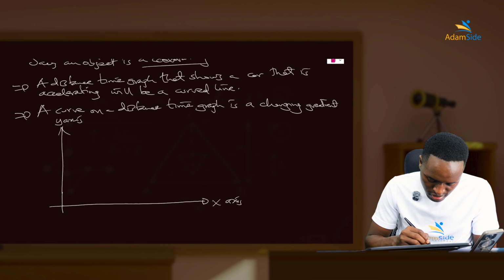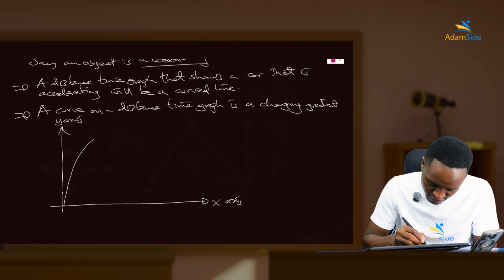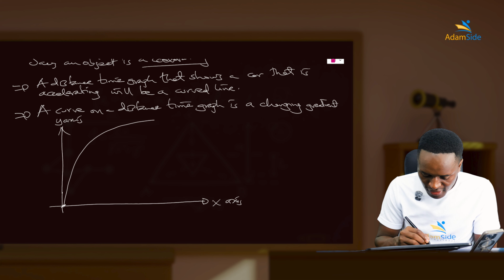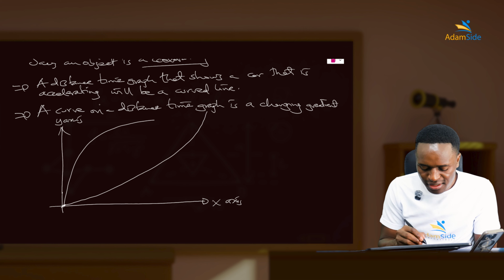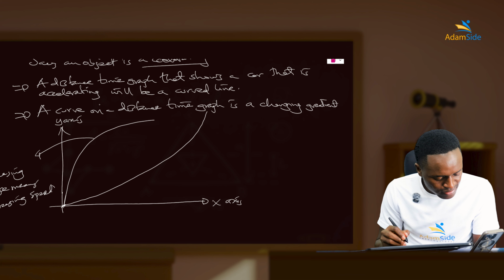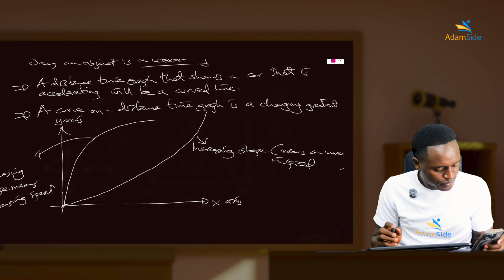This is curve number one, and then we have another curve here. What does this mean? This represents a decreasing slope, which means a decrease in speed.